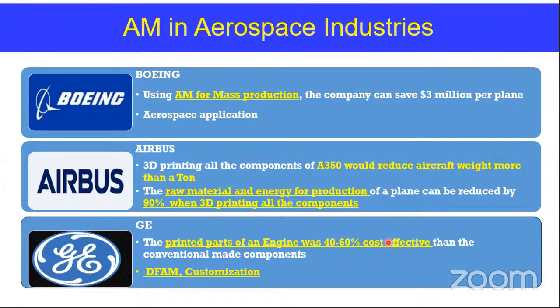And GE, they have already started printing certain parts in their engine, being very cost effective in the range of 40 to 60%. So this is the kind of scenario for aerospace application.